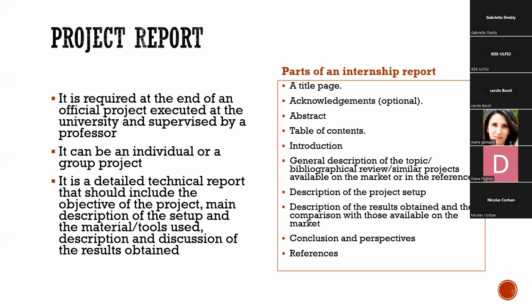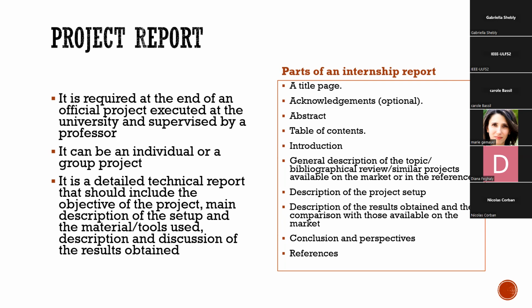So in the report, what I advise you to do is to write a title page. On the title page, you'll have to have all the details. Then acknowledgements, which are always optional. You have to have an abstract, the summary, then a table of contents, an introduction, and then you begin with the report itself.